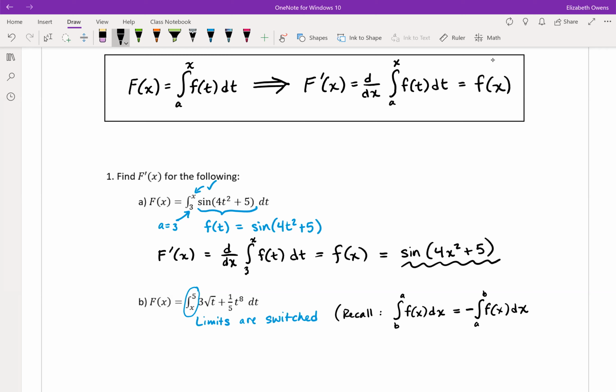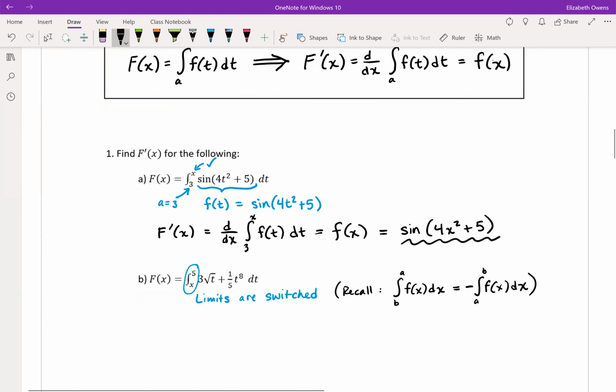Throw a minus sign out front. If you switch your limits of integration, you get the negative of your integral. And so that's what we need to do here.